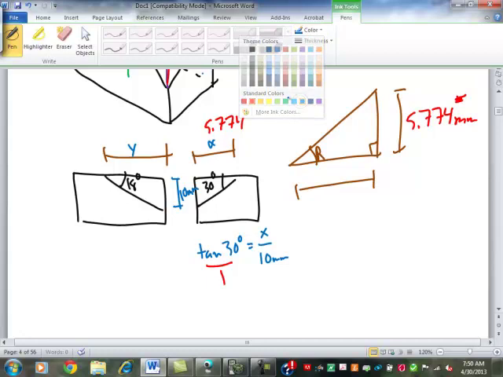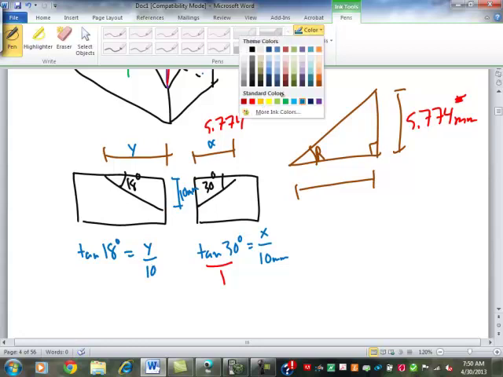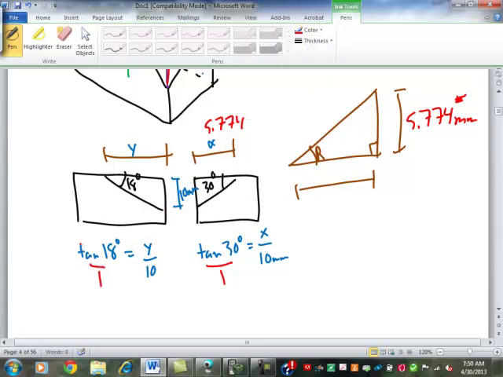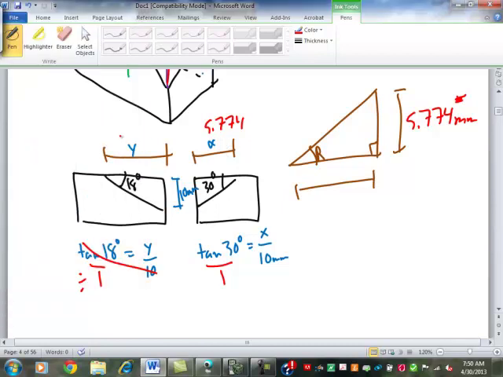Over here, to find y, tangent of 18 degrees equals y over 10. So put this over 1, cross multiply and divide. It's 10 times tangent of 18, which gives us 3.249 millimeters.